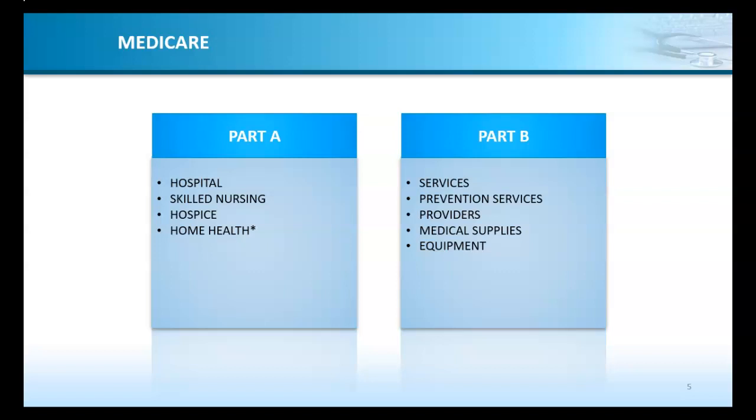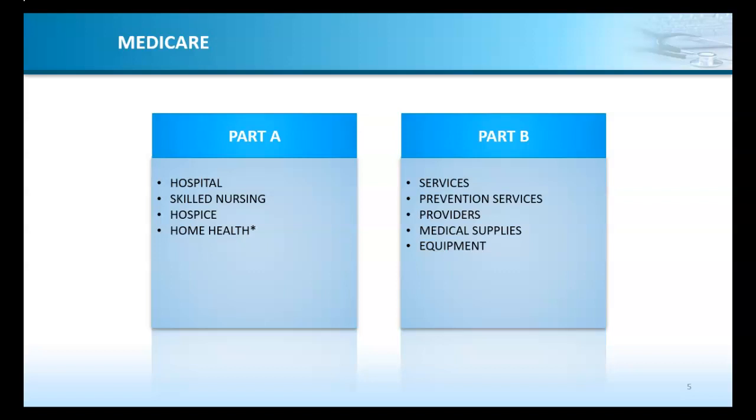Services under Part B include general healthcare services, such as prevention services. For example, providers are reimbursed through Part B coverage. Medical supplies, maybe for home health care needs, are covered under Part B of Medicare, as well as equipment for medical care.